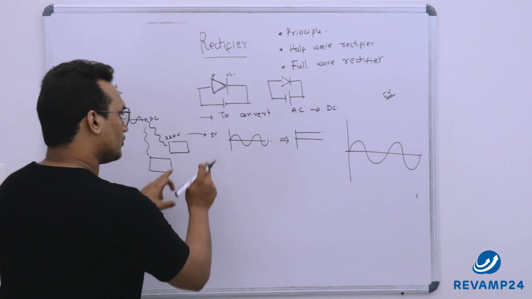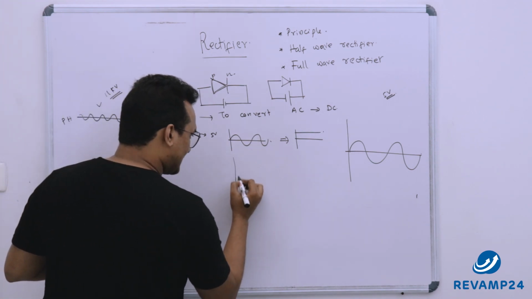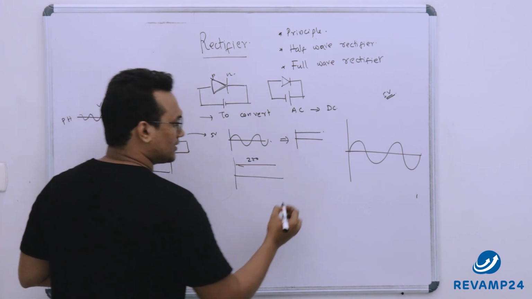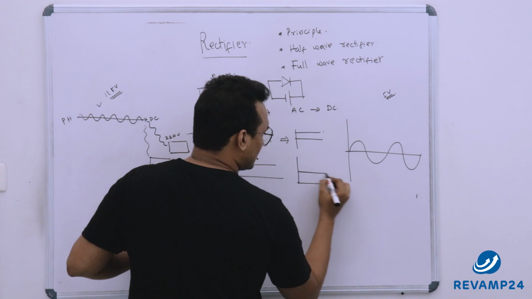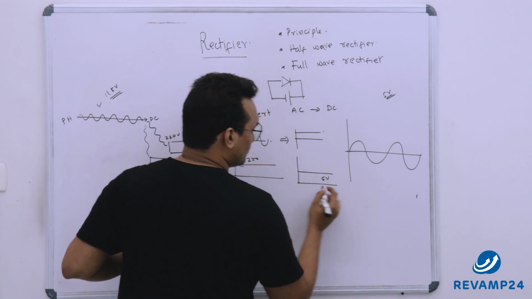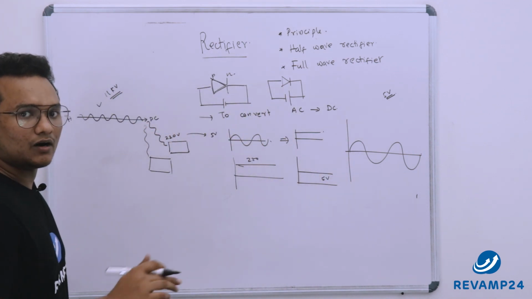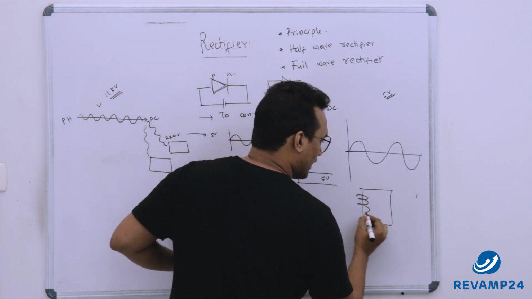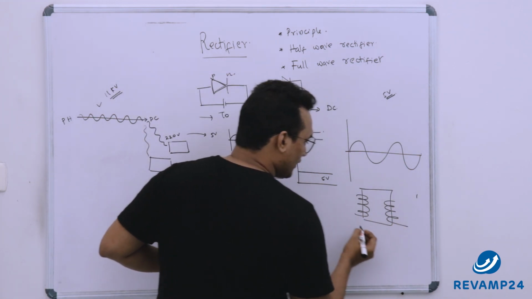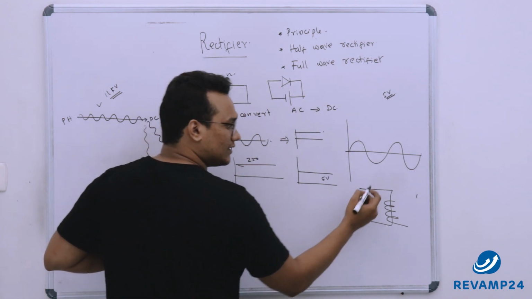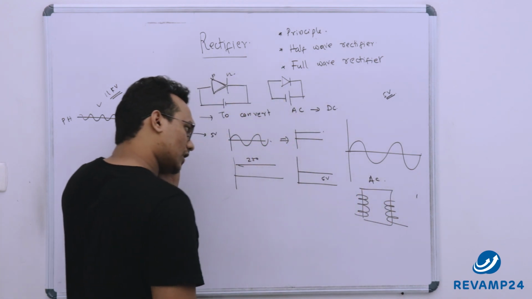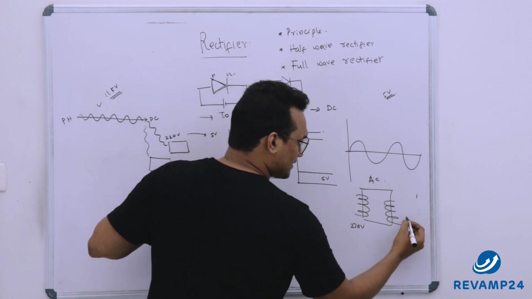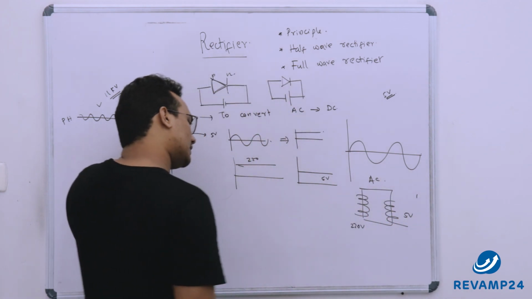Why can't we convert this into DC of 220 volt first, and then step it down to 5 volt? This is not possible, because how does the transformer work? We have a primary coil and we have a secondary coil. Now the transformer will work only with AC current. If we give an AC of 220 volt here, that can be stepped down to 5 volt or whatever may be the value.